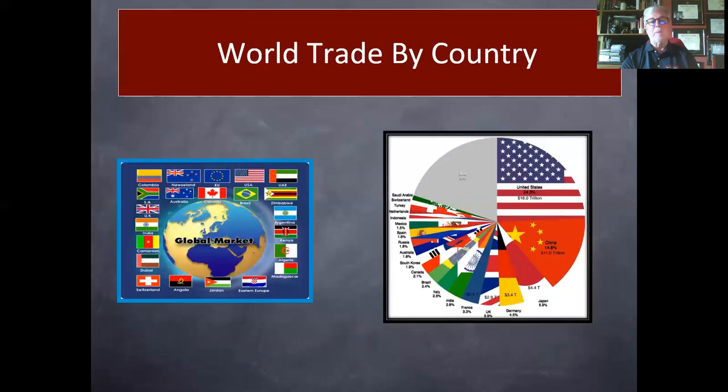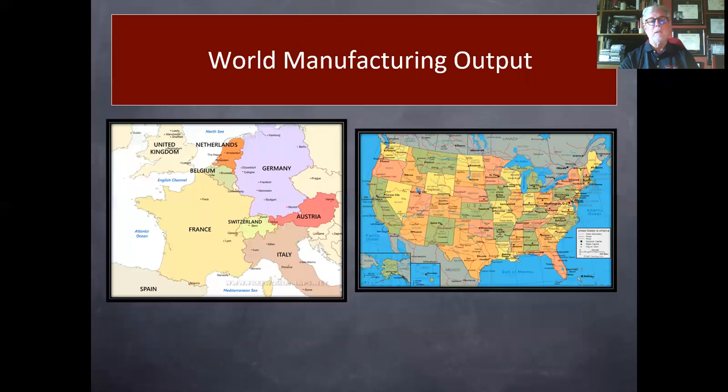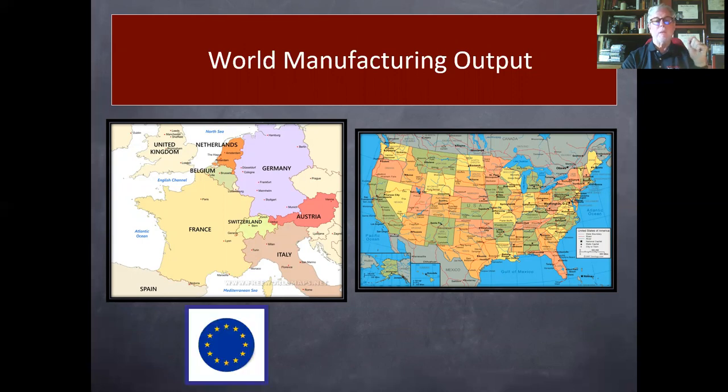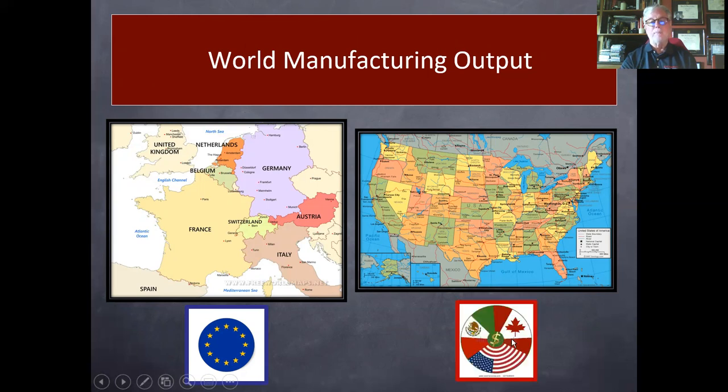So now let's look a little bit about world trade by country. First of all, I want to talk about North America and Western Europe. So over here on the left, we have the European Union, where these countries have all created trade blocs that work favorably with one another, namely very minimal tariffs or none.